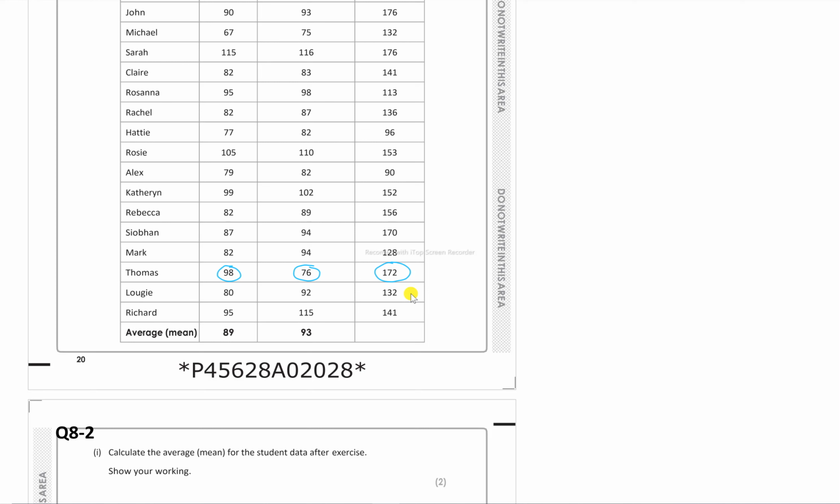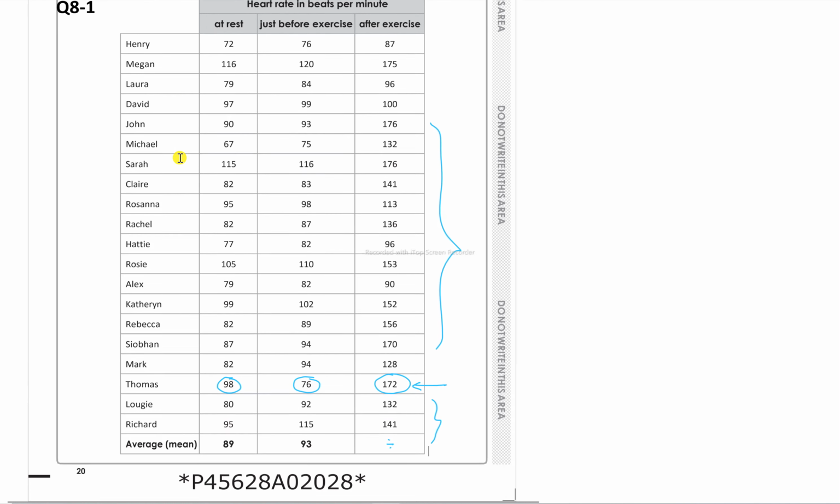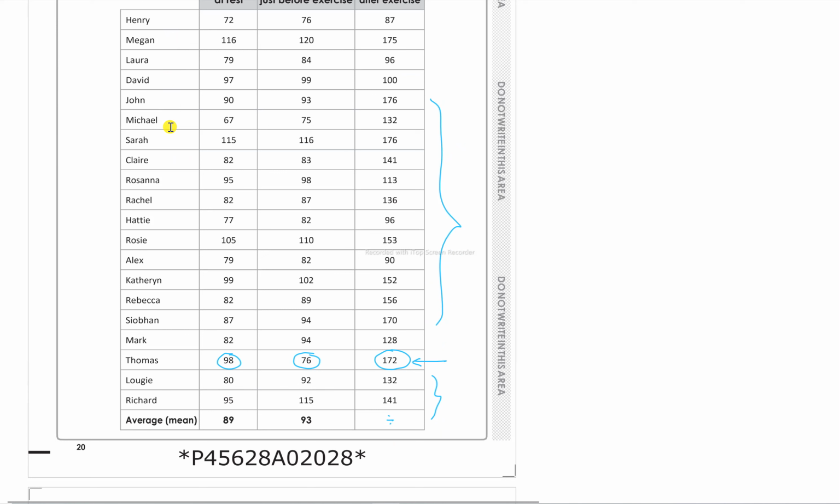But right, we need to do the mean for the kids that did exercise. So what you do is you add all these together and then you divide by, I would exclude that. I would add all these and then divide by how many students were there, did it say? It just says a group, so you count how many, 2, 4, 6, 8, 10, 12, 14, 16, 18, 20.